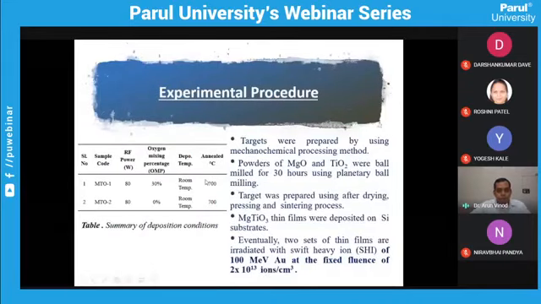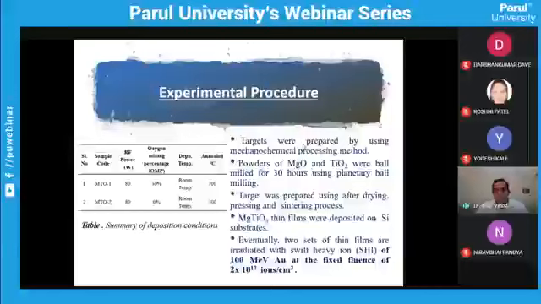What we have done here is we prepared the sputtering target using mechanochemical methods. That is, we took MgO and TiO2, and we processed them at high temperature, and MgTiO3 films were deposited with this target, which has high stoichiometry.